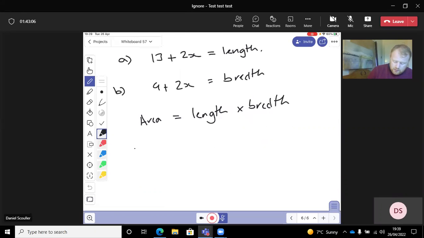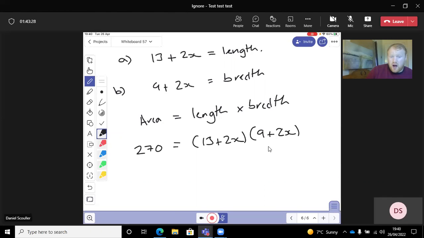Now you're given the area in the question. You know what the length is, and you know what the breadth is. So it wants you to get to this stage.